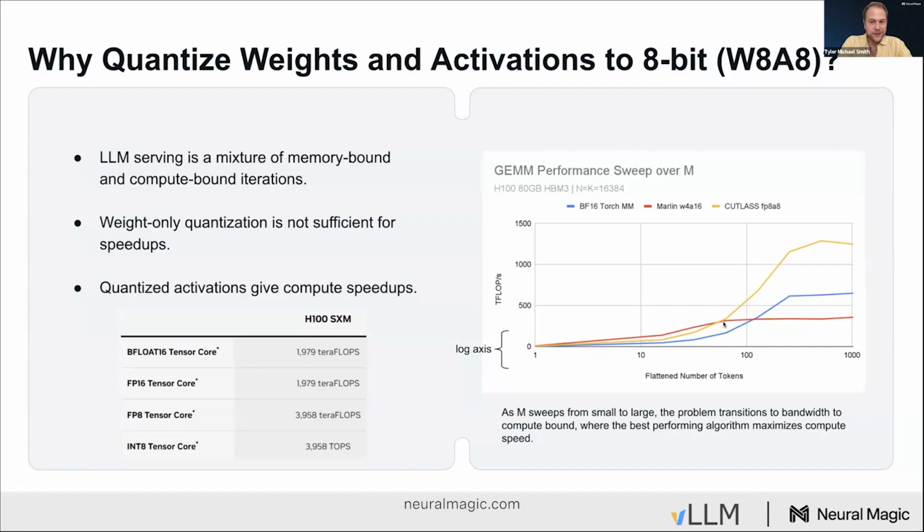This Marlin W4A16 does the best. In these cases, basically what this algorithm does is, the weight matrix is very large. It's 4-bit. It upconverts the weights from 4-bit to 16-bit in the innermost loop of the GEMM, and then it computes in 16-bit.